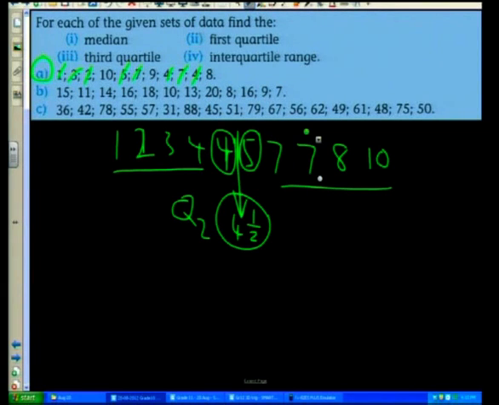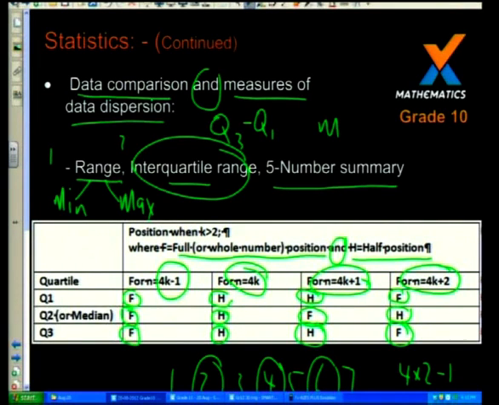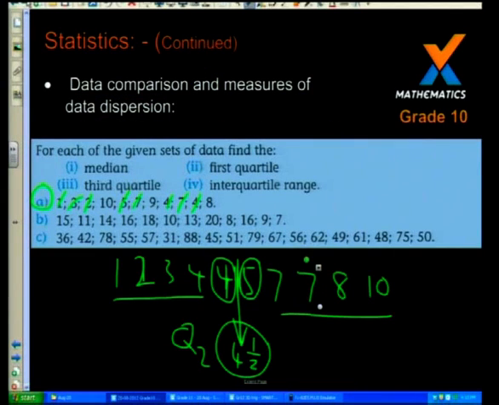Now, the other quartiles. If we go back to what I said in that table, this is now this case, okay? The median was in a half position. We expect the first quartile and the third quartile to be in the full positions. All right.